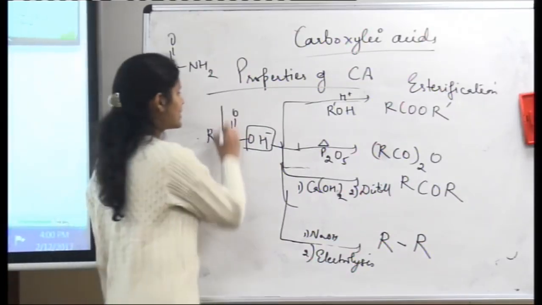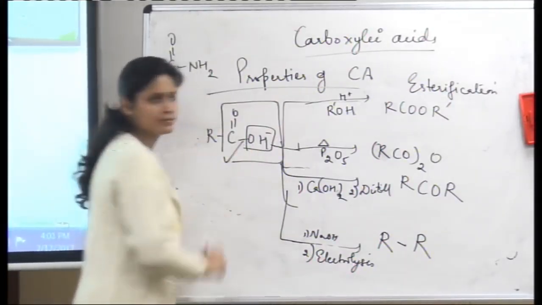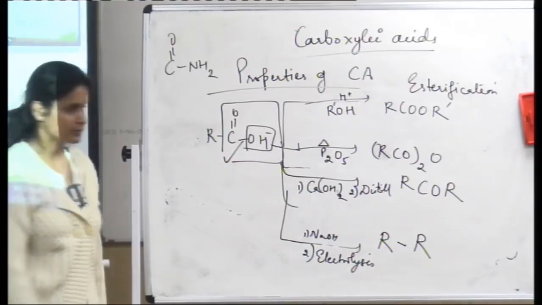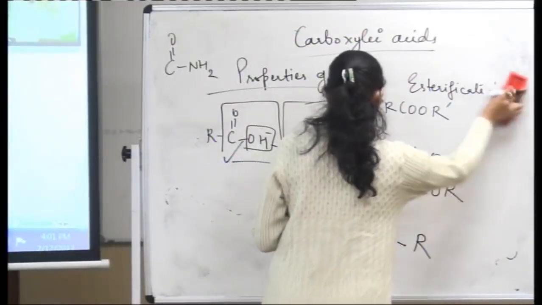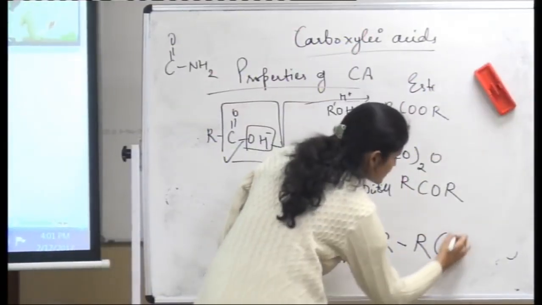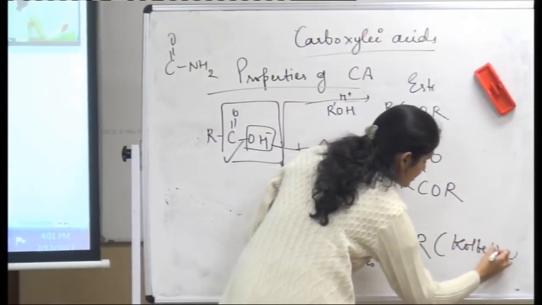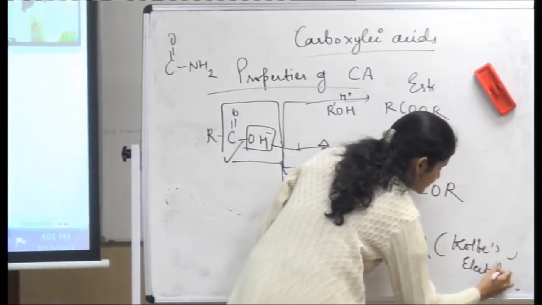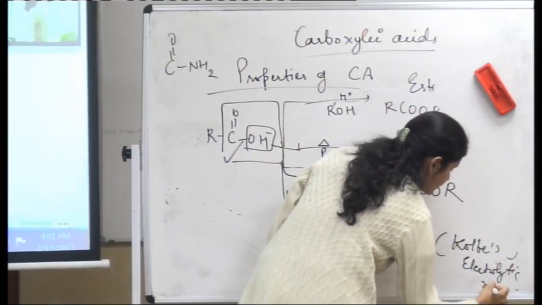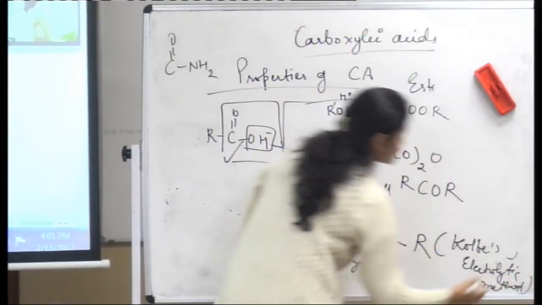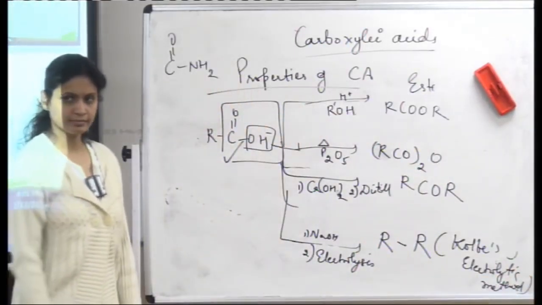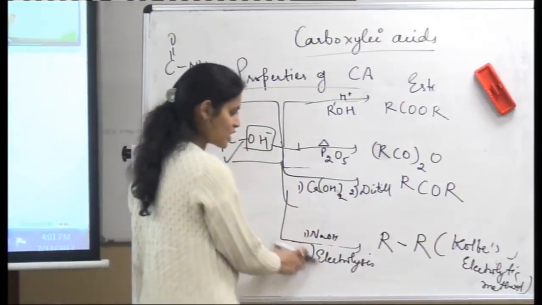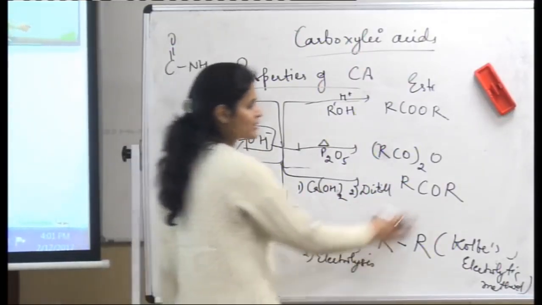It will result in the removal of this part. This is also known as Kolbe's electrolytic method. Whenever you are given NaOH and electrolysis, it is Kolbe electrolytic method.